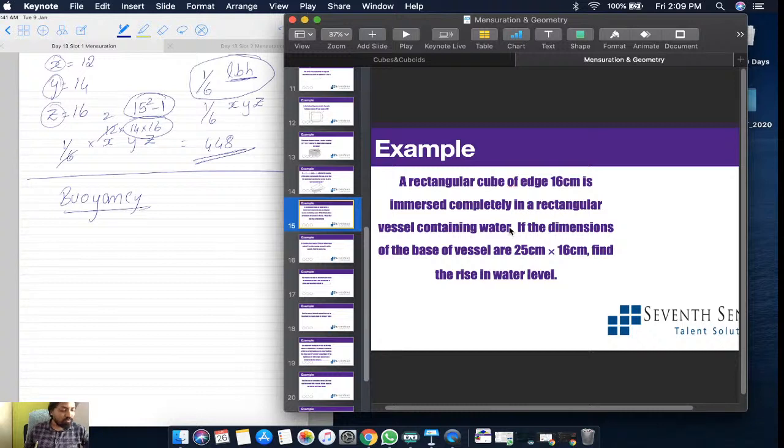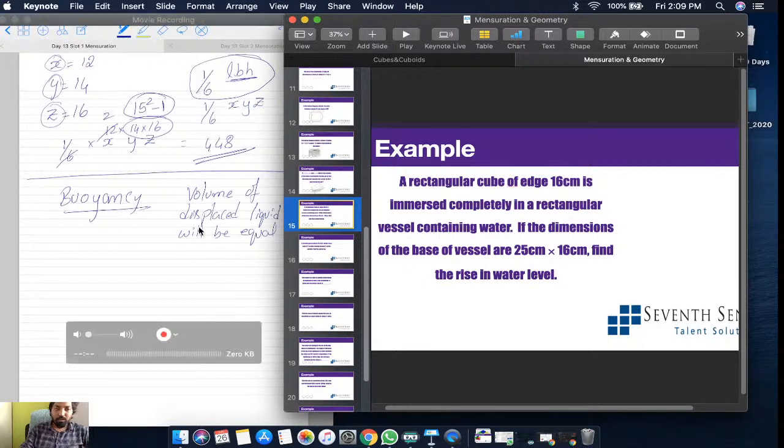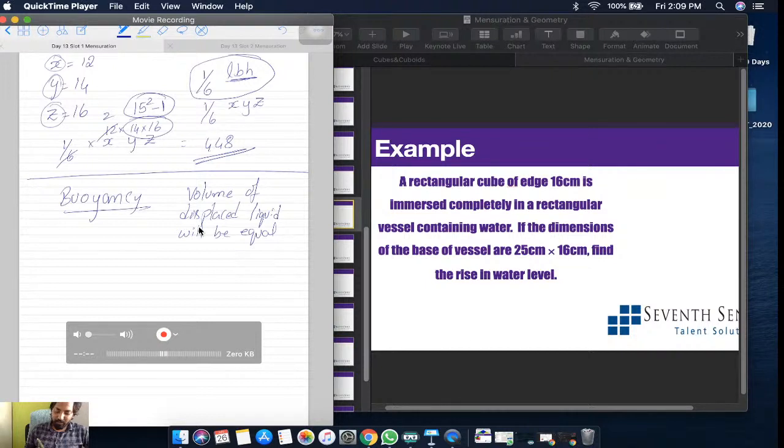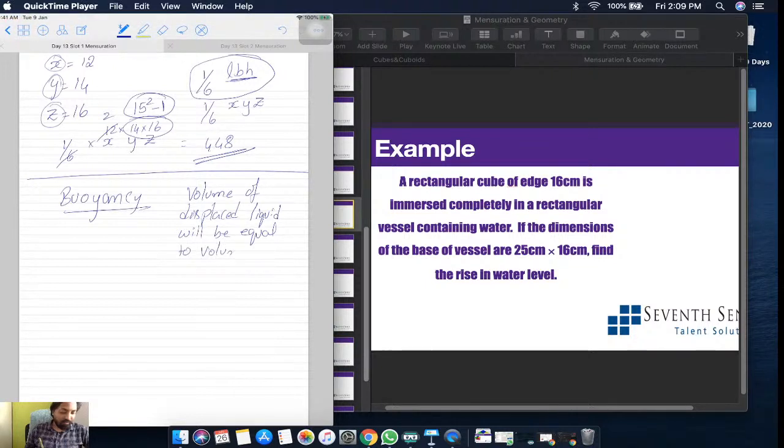We are going to use the principle of buoyancy. What it says is that the volume of displaced liquid will be equal to the volume of the foreign body.